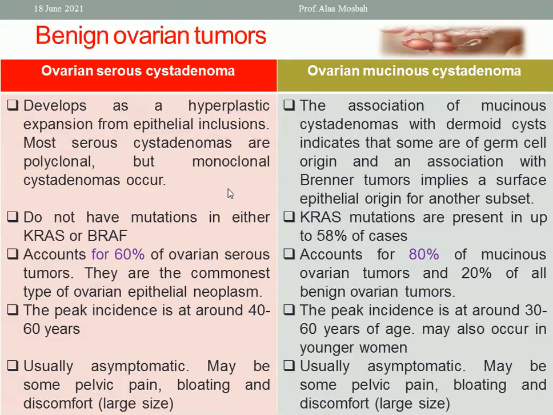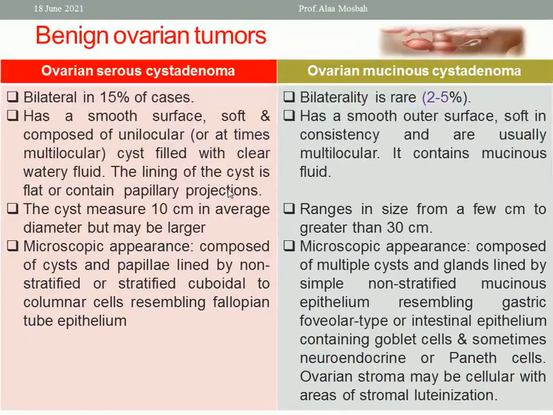Okay, what is the commonest age? Between 30 and 60. What is the clinical presentation of the patient? Usually also asymptomatic as ovarian serous cystadenoma, except if reaching large size or complicated. The same: pelvic discomfort, abdominal bloating, and pelvic pain, or symptoms of complications.